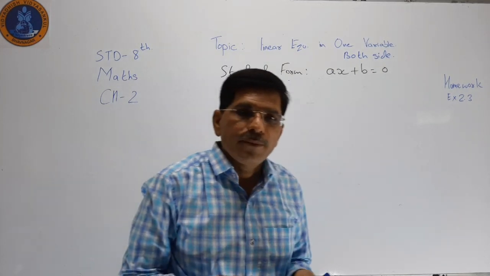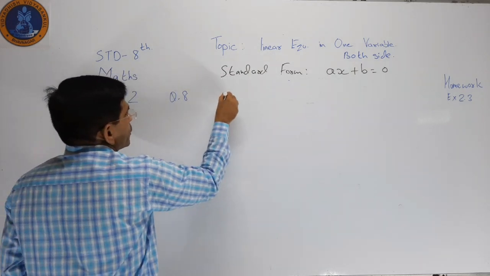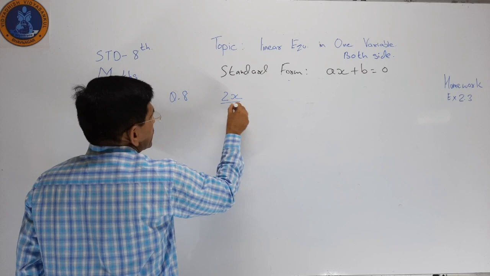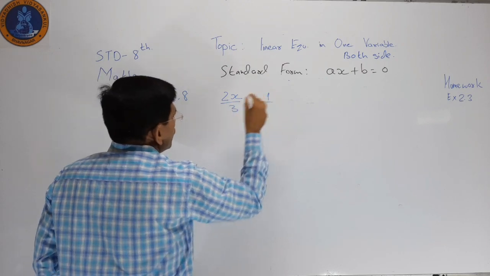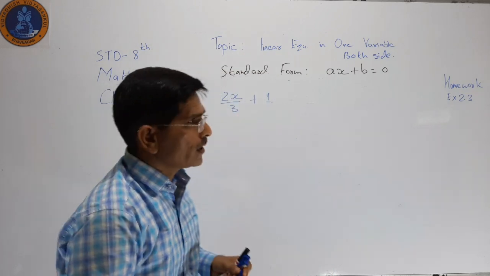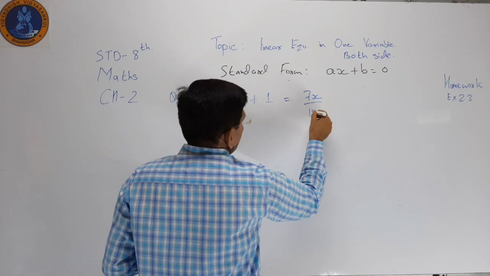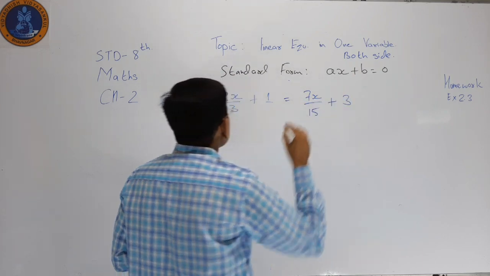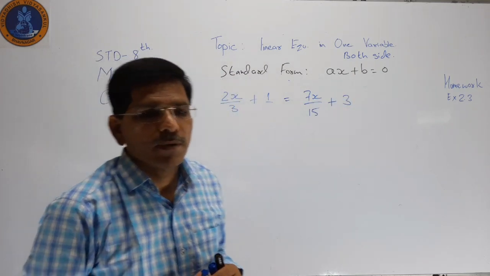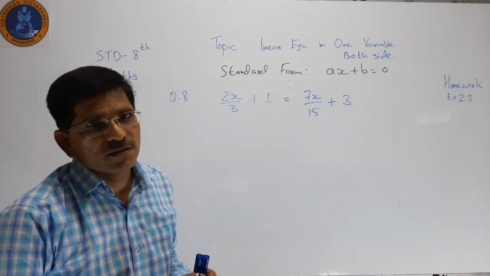In the LCM type, question number 8: 2x by 3 plus 1 is equal to 7x by 15 plus 3.